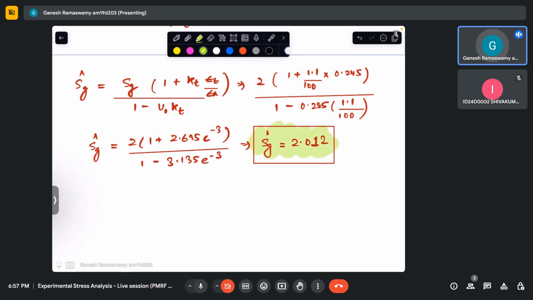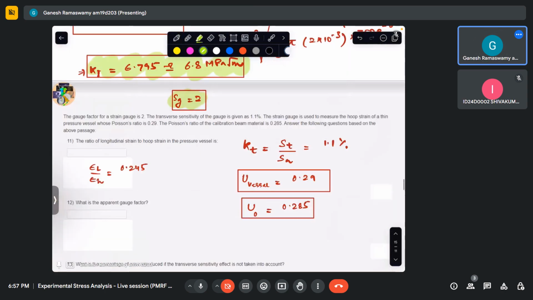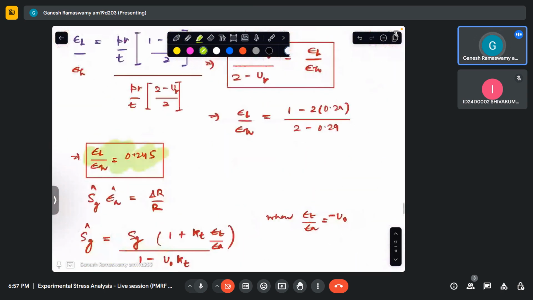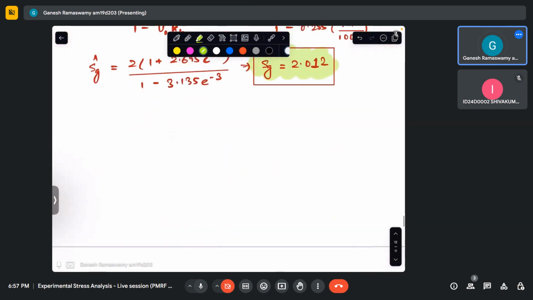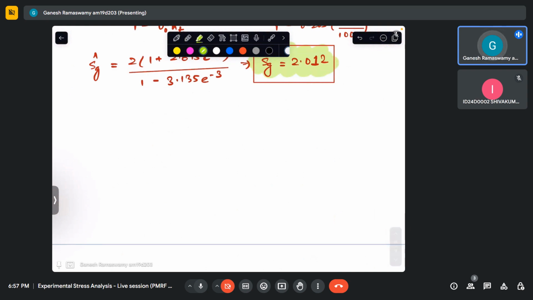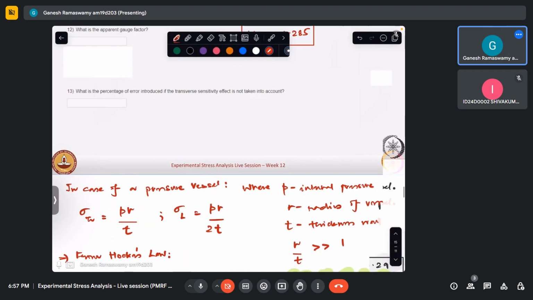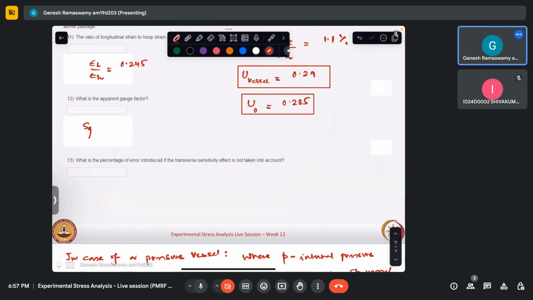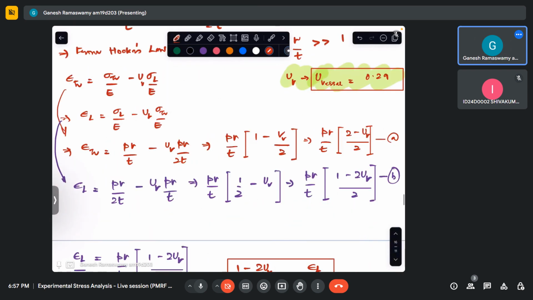So this is clearly not equal to the gauge factor because of this Poisson's ratio mismatch. So it is a little more than that. So what is the percentage error? The question asks what is the percentage of error introduced if the transverse sensitivity effect is not taken into account.